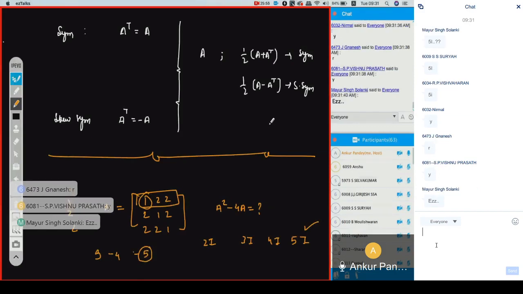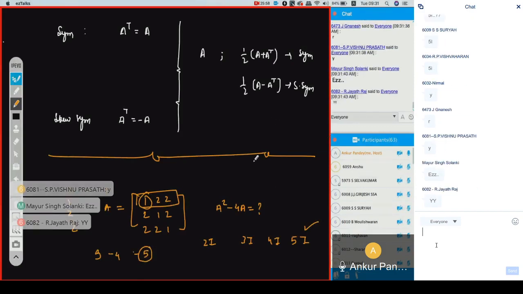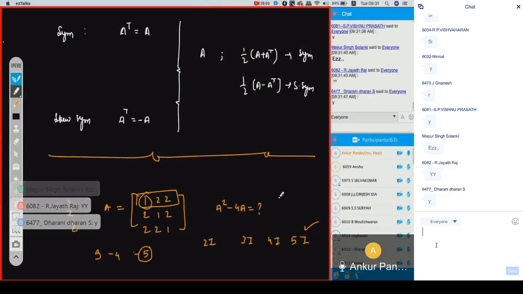See, when it is all I, it is easy. If there were another matrix, then you would be messed up, and you would have to do at least 2, 3 rows.